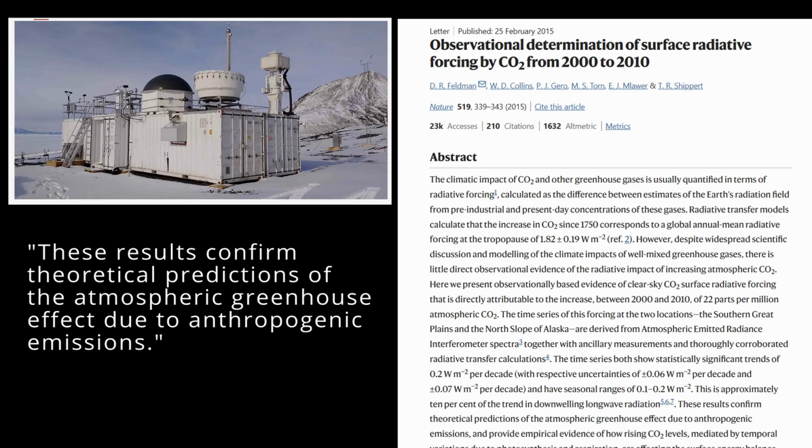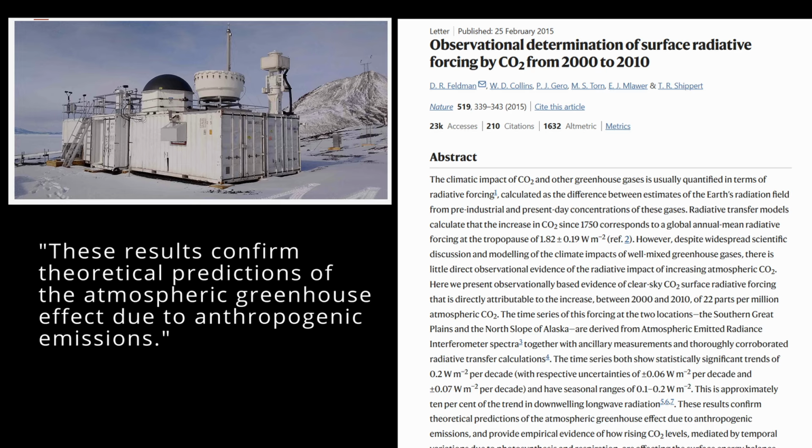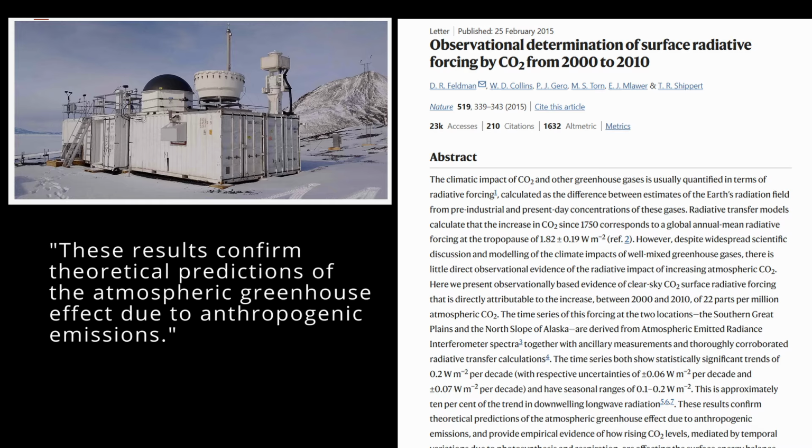So it increased by 22 parts per million atmospheric concentration between 2000 and 2010. And they found that the CO2 radiative forcing increased by 0.2 watts per meter squared. Just in that period, just from that increase of 22 parts per million. So this was a way to better quantify the per parts per million radiative forcing.